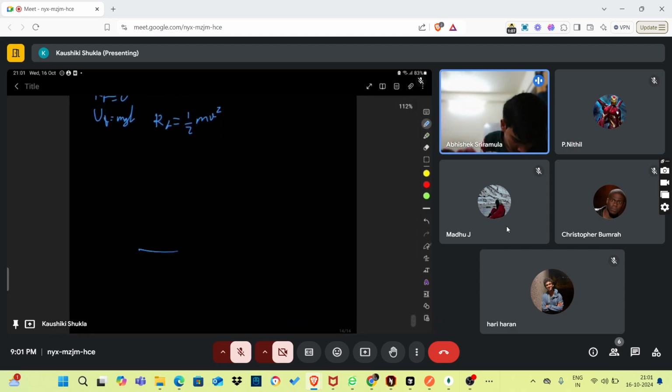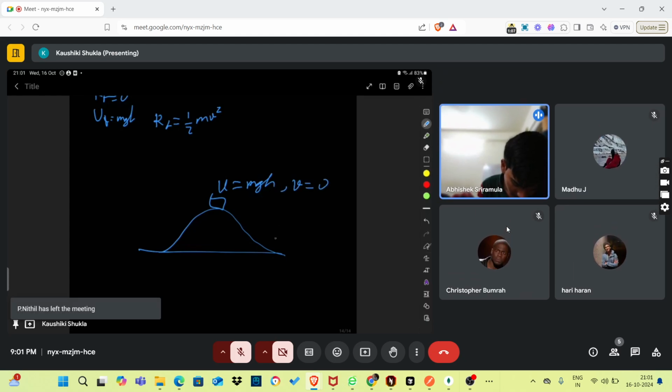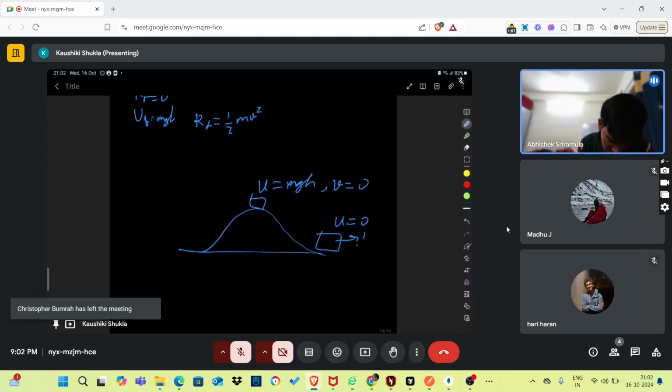Let me give another example. Let's say a block is kept here, or let's say this is some object. The initial potential energy is mgh, kinetic energy is zero. Once it came here, the potential energy became zero. Now it has some kinetic energy, half mv square.